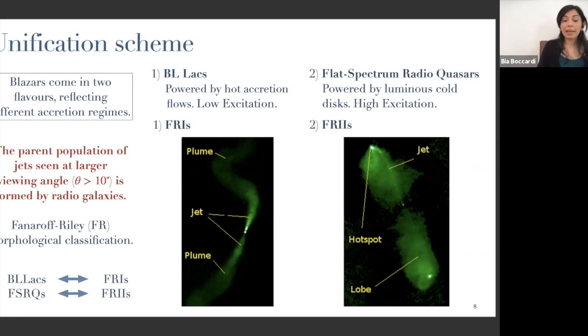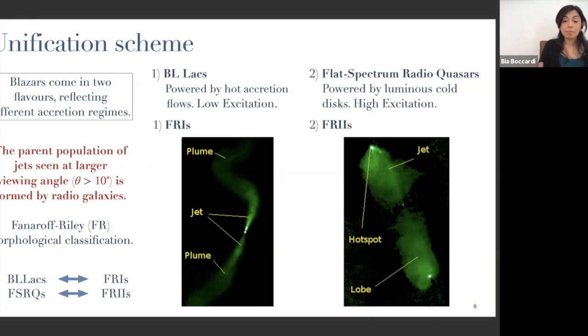The Fanaroff-Riley 1 are characterized by a stronger brightness in the nuclear regions and by the rapid fading of this emission on larger scales. They're also less well collimated objects. While the FR2s present jets which are very well collimated up to large distances and form bright hotspots at the end of their path where they dissipate their very large kinetic energy.